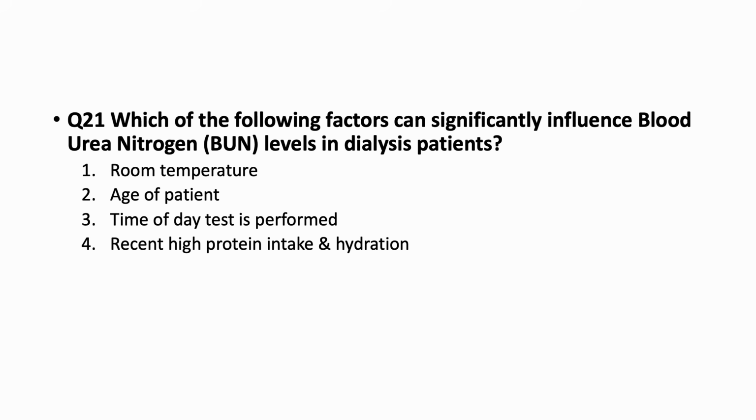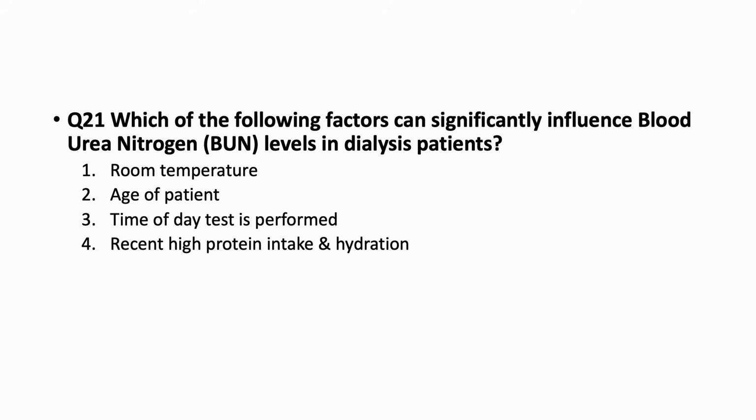It says which of the following factors can significantly influence blood urea nitrogen levels in dialysis patients? Option 1 says room temperature, option B says age of patient, option 3 says time of day test is performed, and option 4 says recent high protein intake and hydration.